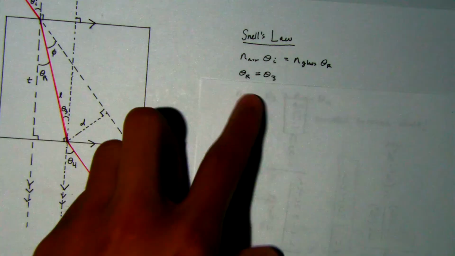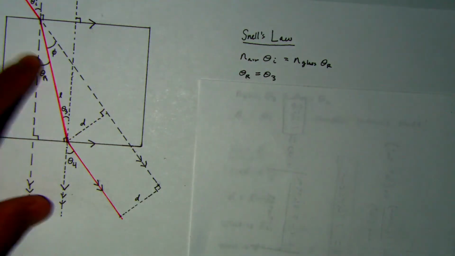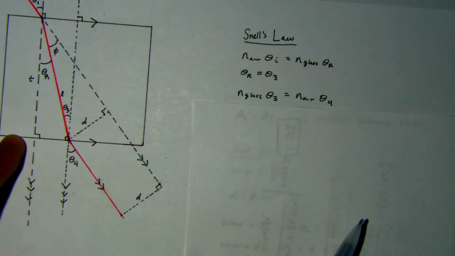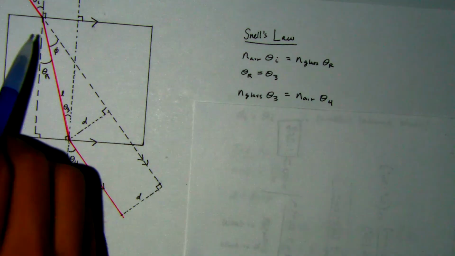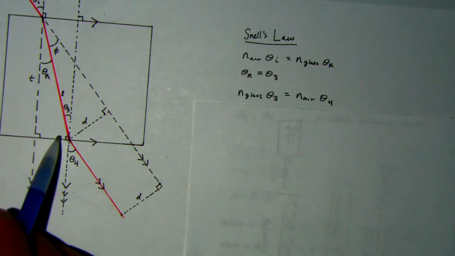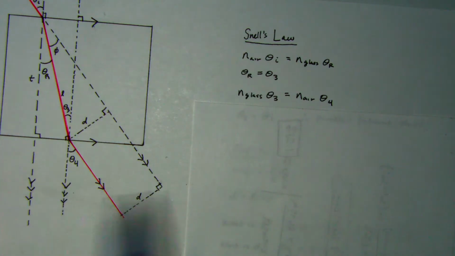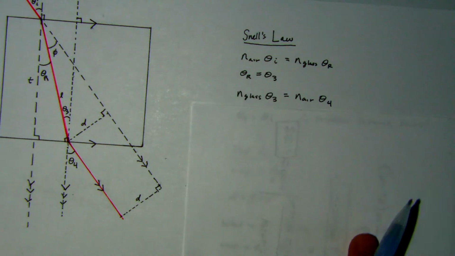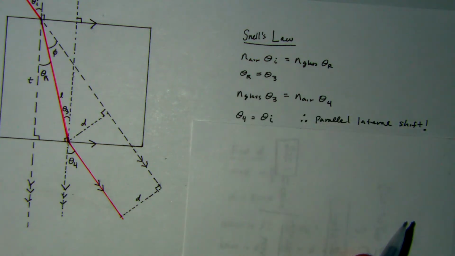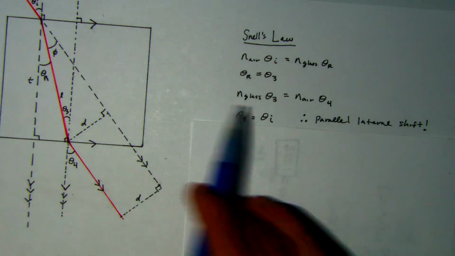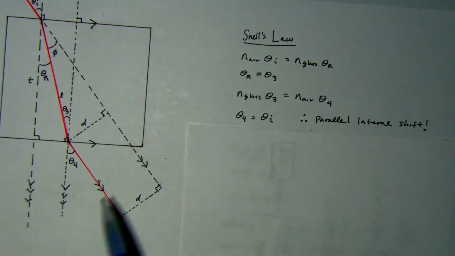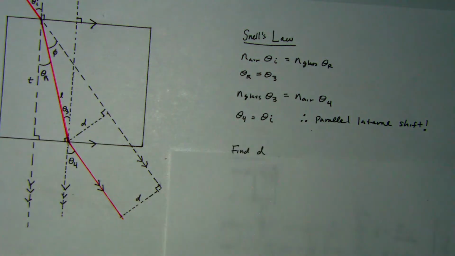Now that we established that angle 3 is the same as angle r, we use Snell's law at the bottom, and we have n glass times sine of angle 3 equals n air times sine of angle 4. It looks pretty much the same as the first Snell's law that we did, so that establishes that angle 4 equals the incidence angle. Thus showing that the shift is parallel.